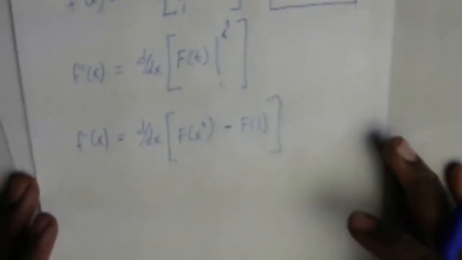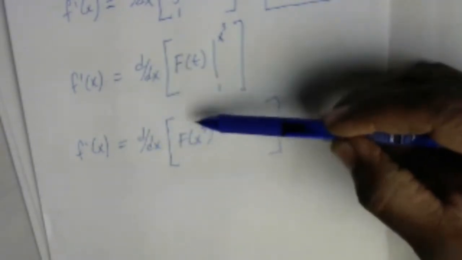So f prime of x is equal to d dx for capital F of x to the third minus capital F of 1. Right, so we're using fundamental theorem of calculus part 2.